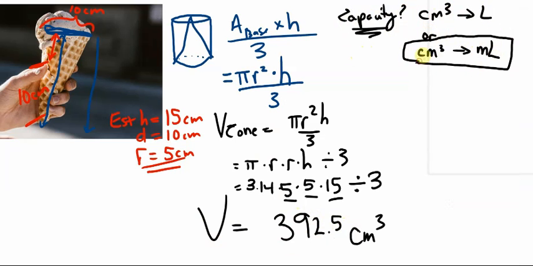When I've got less than 1,000, which this number is, probably the easiest answer is to use the milliliter. Why? Because 1 centimeter cubed is 1 milliliter.